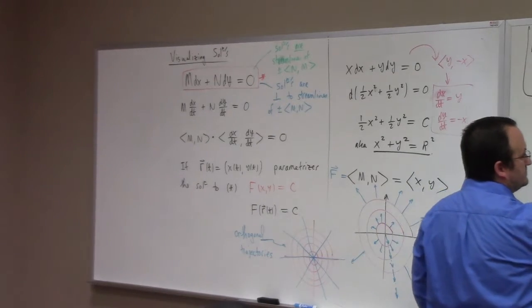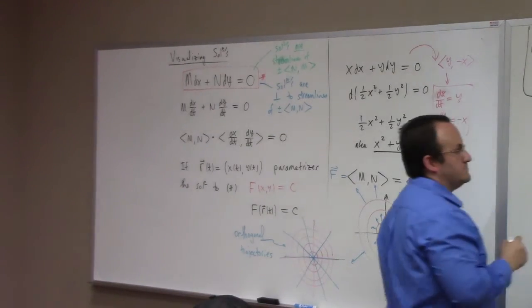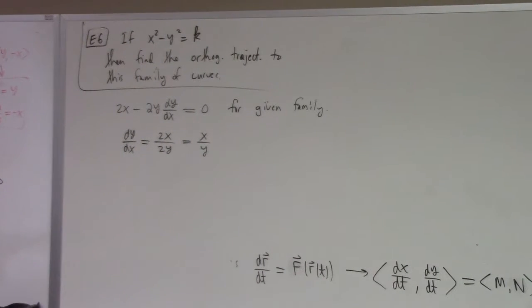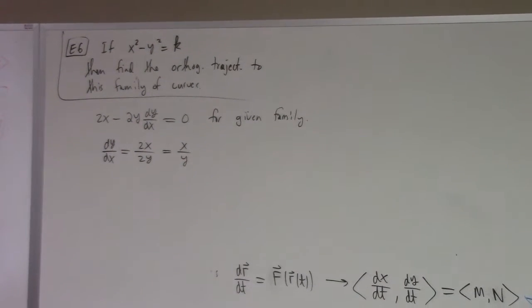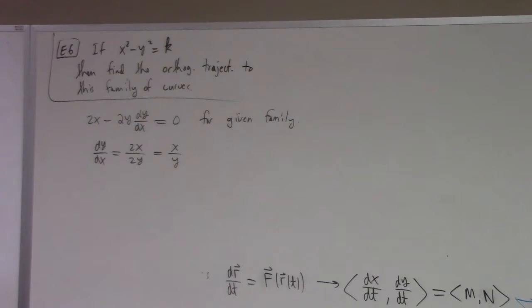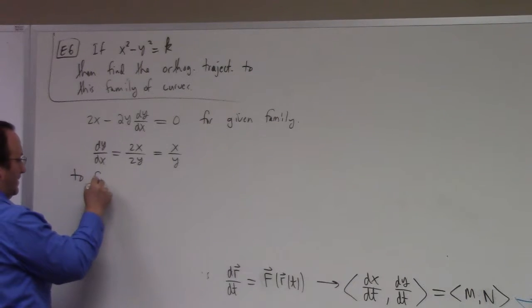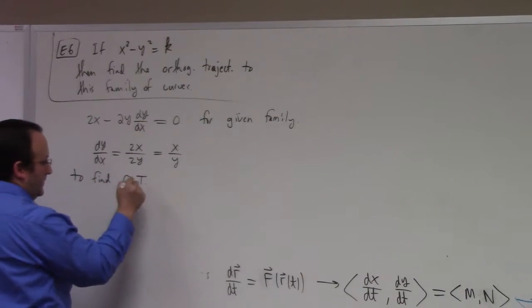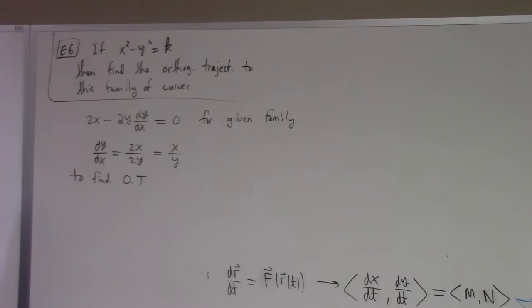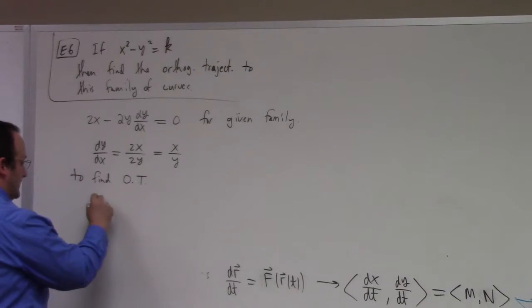Now, if I solve that, I'll get back where I started, this family of hyperbolas. But if I want to find orthogonal trajectories, how does that work? We usually start abbreviating it OT because orthogonal trajectories is not exactly fun to keep writing. So we would want to solve dy/dx equal to what?